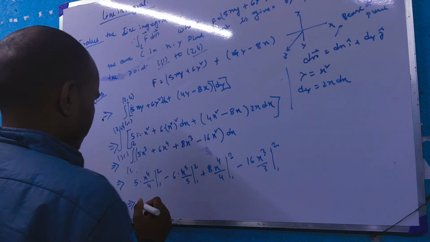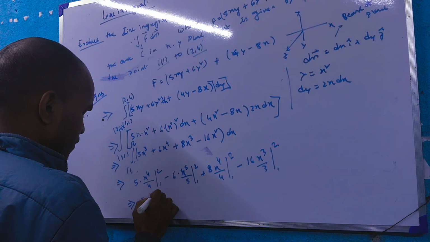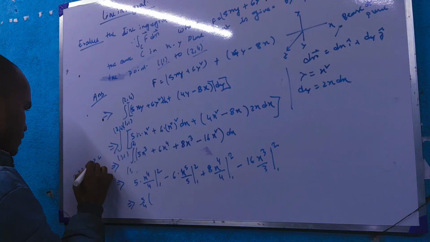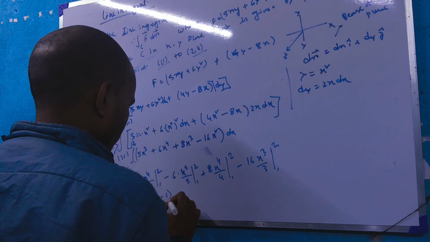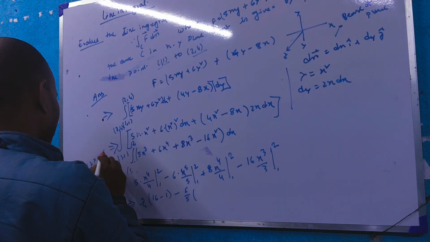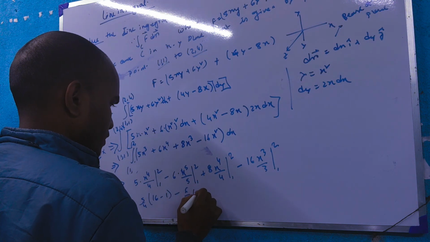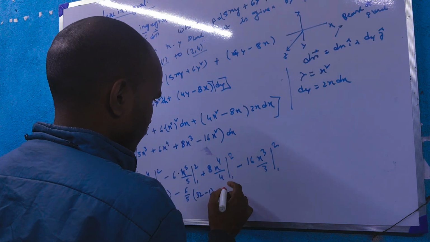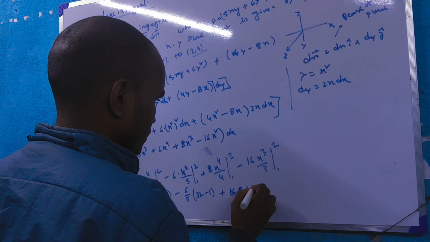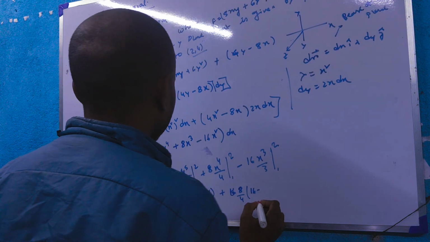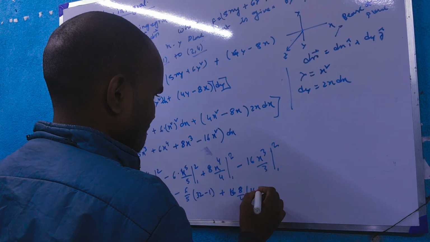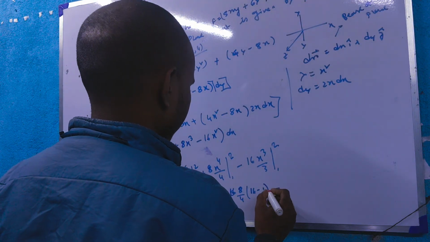So it will be around 5 by 4 into 2 into 2 into 2 into 2, so 16 minus 1, minus 6 by 5 into 32 minus 1, plus 8 by 4 into 16 minus 1.